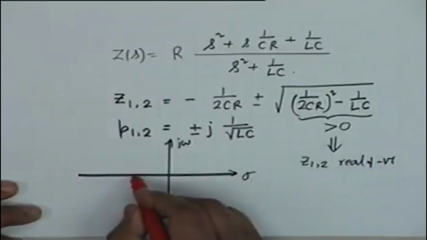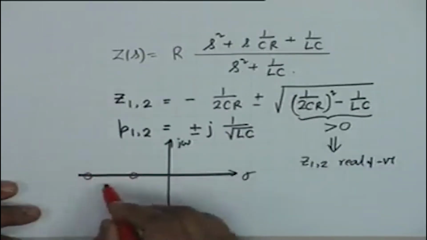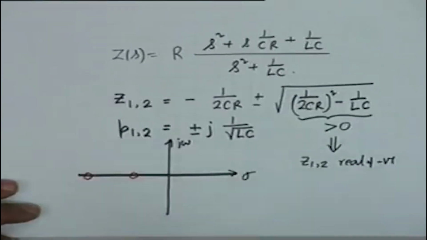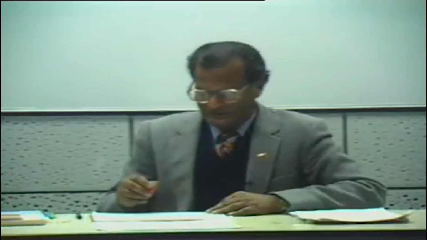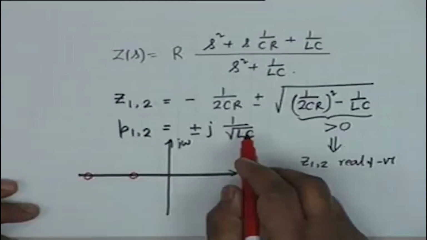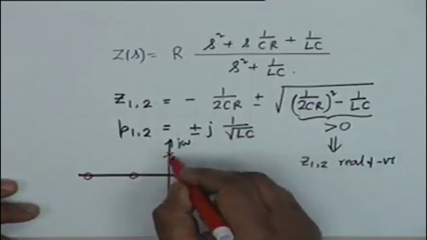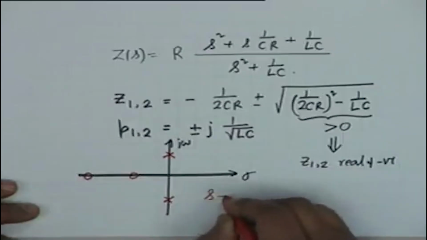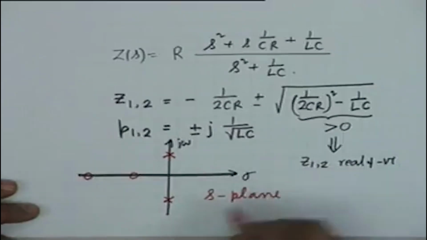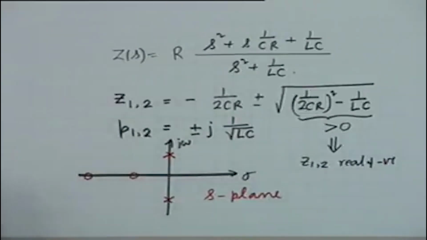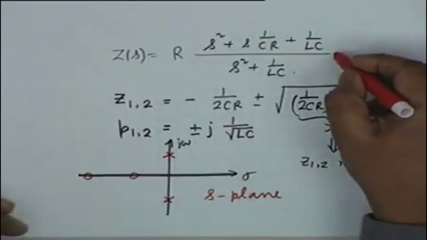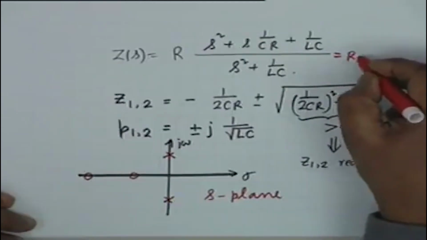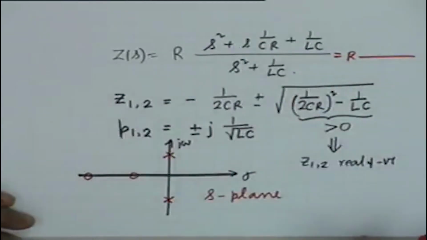Suppose they are negative, then one will be here and one will be here. They are indicated by small circles, and the roots of the denominator are indicated by crosses. They shall be on the imaginary axis, purely imaginary. This is the S plane on which the roots of the numerator and denominator are plotted.